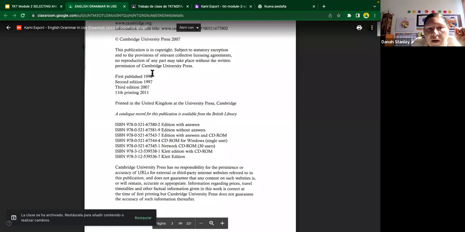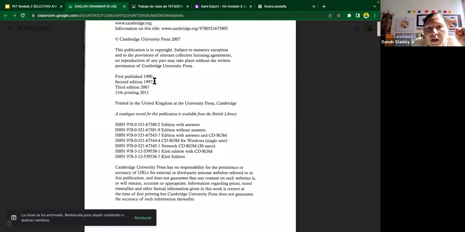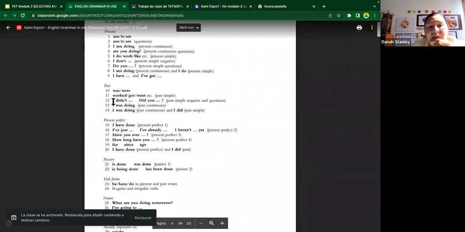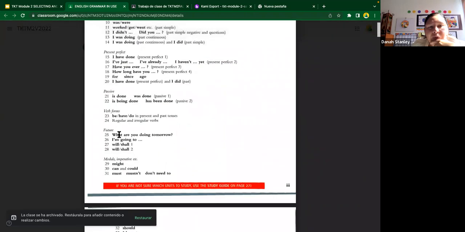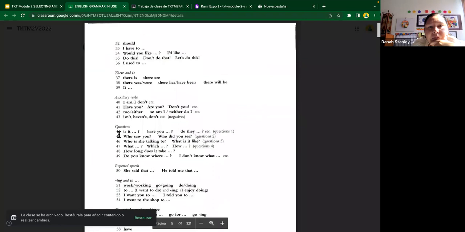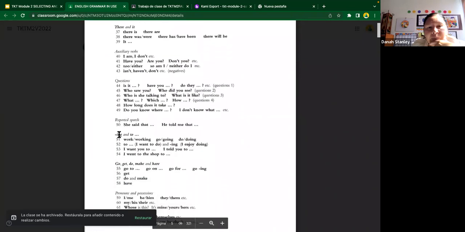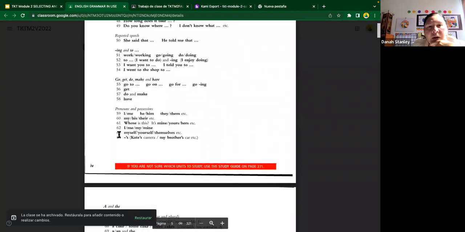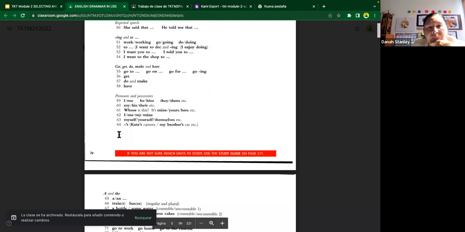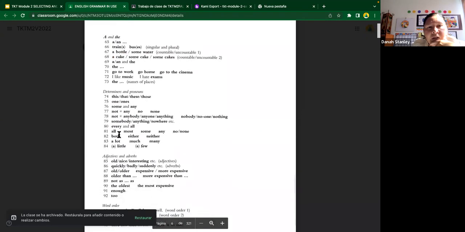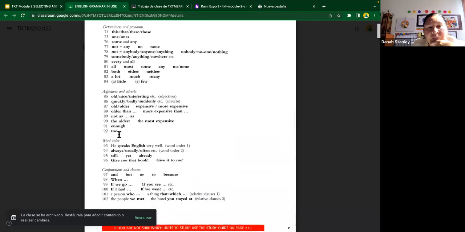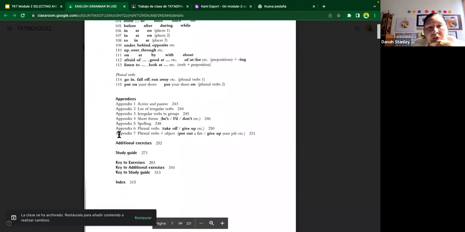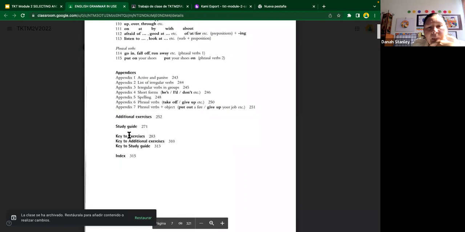The first edition was in 1990. Okay, so you have present, past, present perfect, passive verb forms, future, modal verbs, there and it, auxiliary verbs, questions, reported speech, -ing, to, get, do, go, make, and have, pronouns and possessives, articles, determiners, adjectives and adverbs, word order, conjunctions, prepositions, phrasal verbs, and appendixes.